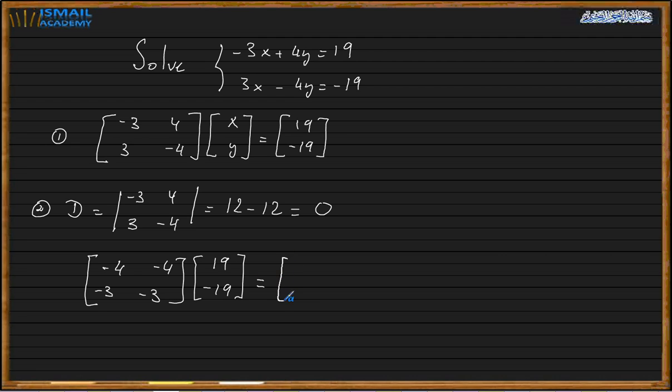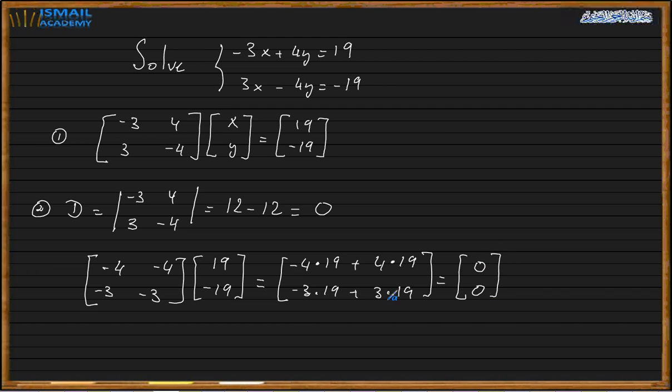So here I will have minus 4 times 19 and plus, and we have minus minus, so it's going to be 4 times 19, and those are the opposite, this means 0. Then we have minus 3 times 19 plus 3 times 19, so I don't have to multiply, it's straightforward here. So it's 0, 0.